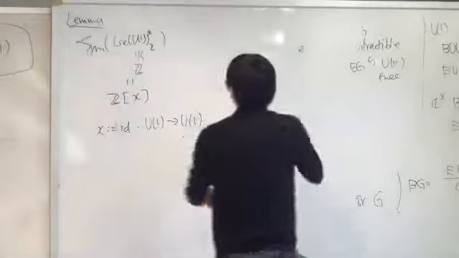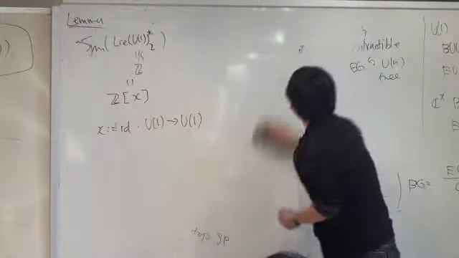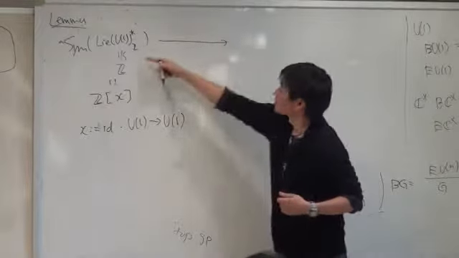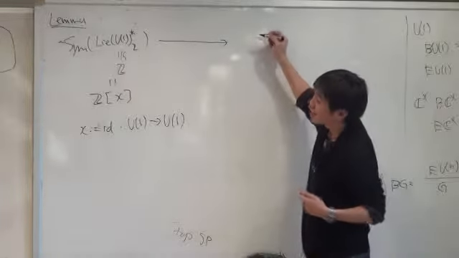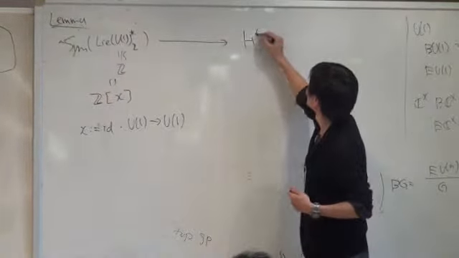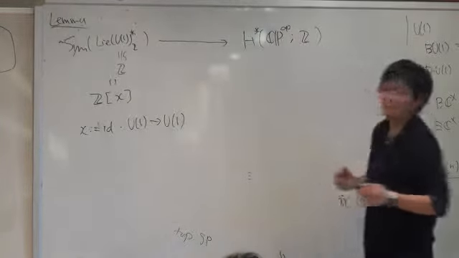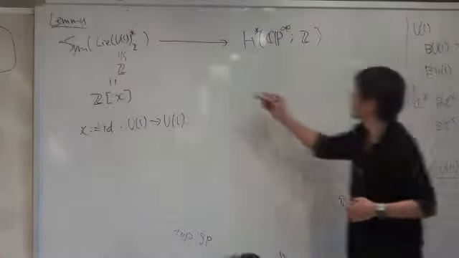Okay, so I'm going to define a map from this polynomial ring to the cohomology of CP infinity. How do we do this?